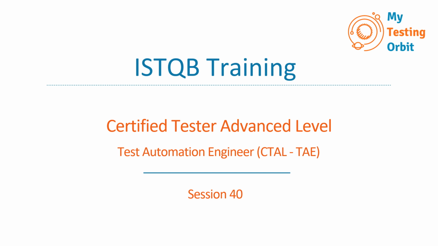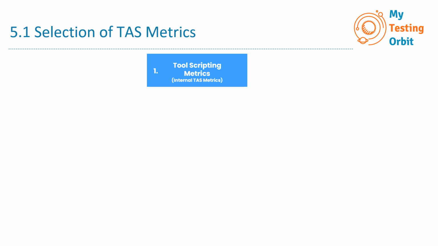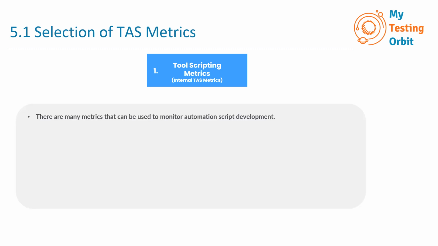In this session, we will explore the internal TAS metrics. So let's begin. Let's start with our first internal TAS metrics, which is tool scripting metrics. There are many metrics that can be used to monitor automation script development. Most of these are similar to source code metrics for the SUT.